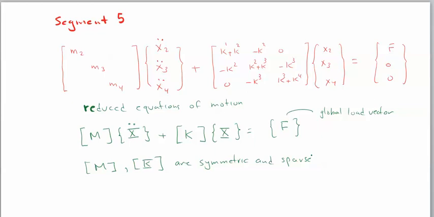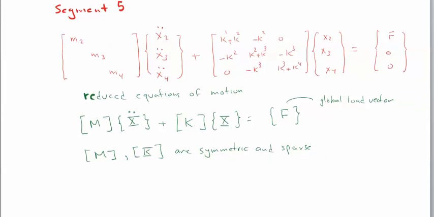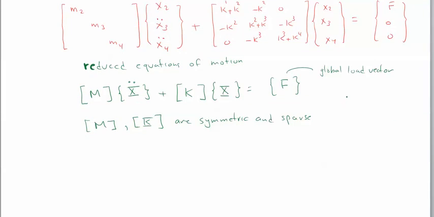In the case of tetrahedral elements or solid elements that you have in CATIA, for example, the element matrices are very large, and when you have thousands of elements, the size of these matrices can be extremely large. For example, it could be of the order of 100,000 by 100,000.